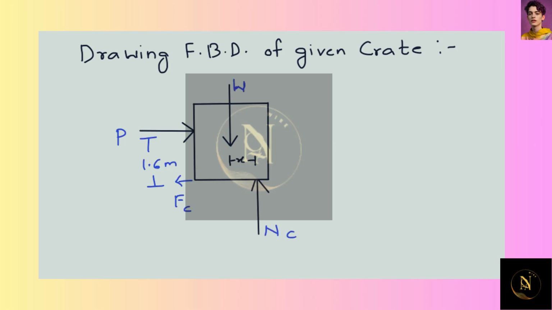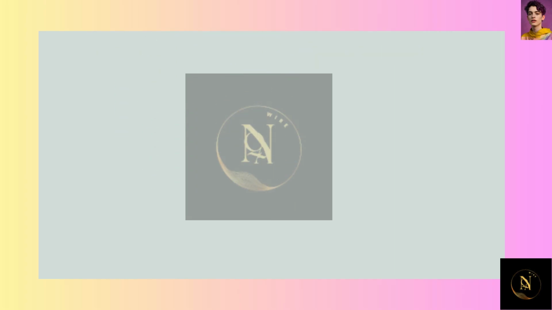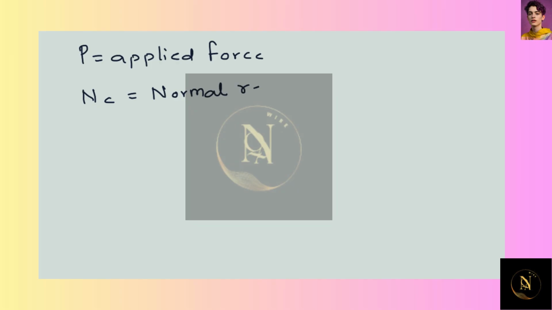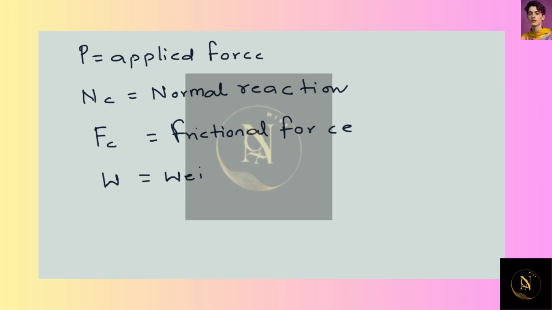Here it is W. Now going further, we will write that P is equal to applied force, Nc is equal to normal reaction, Fc is equal to frictional force, and W is equal to weight of crate.